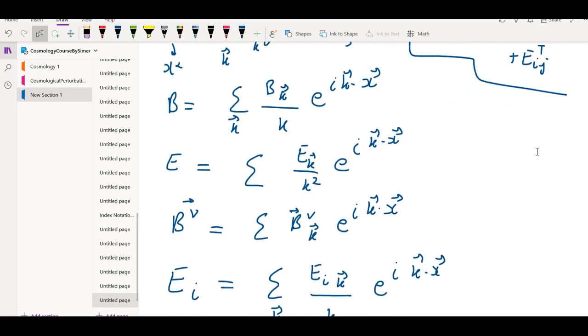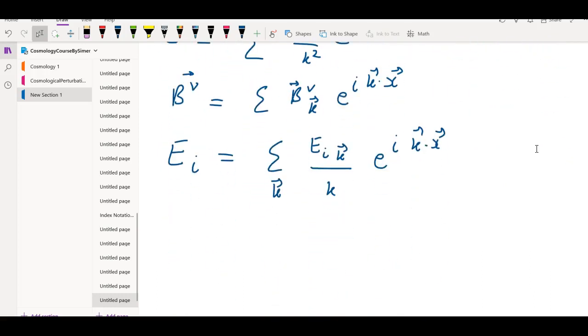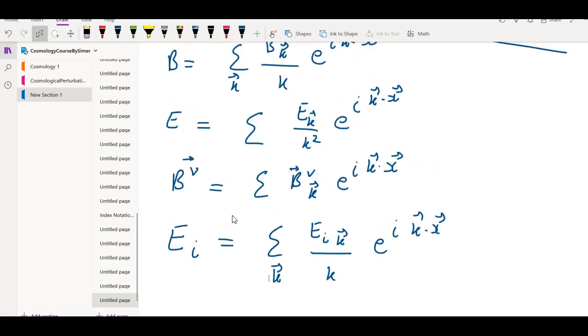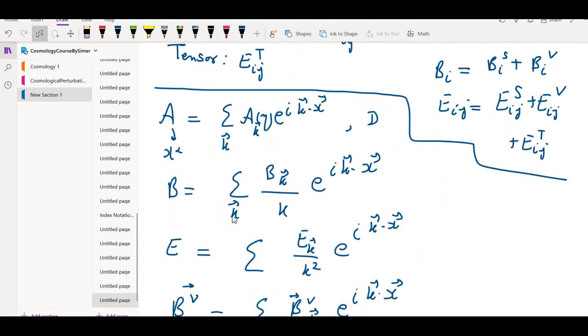Okay, and then we also saw in previous lectures that there are constraints on these perturbations.